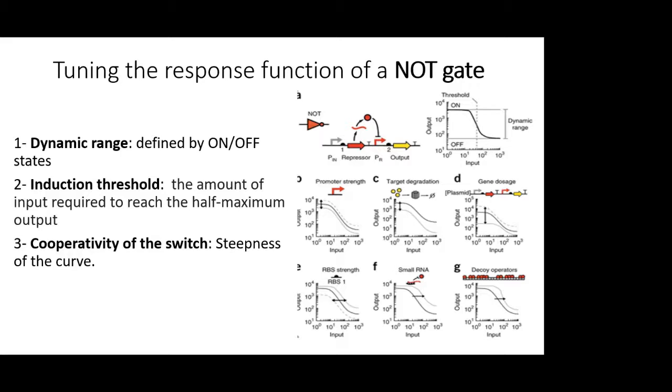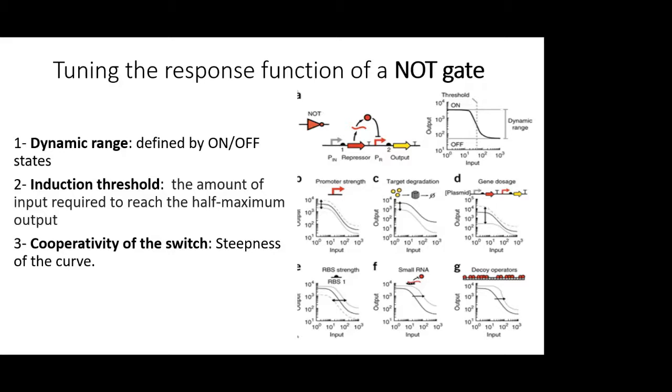You could also increase the number of repressor binding sites on your promoter, or change their position. This will also affect the threshold. So you change this circuit level behavior by changing component level parameters.